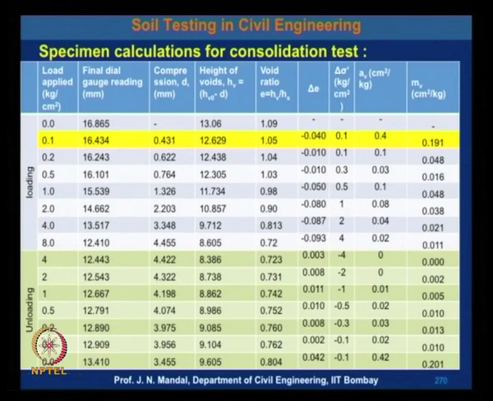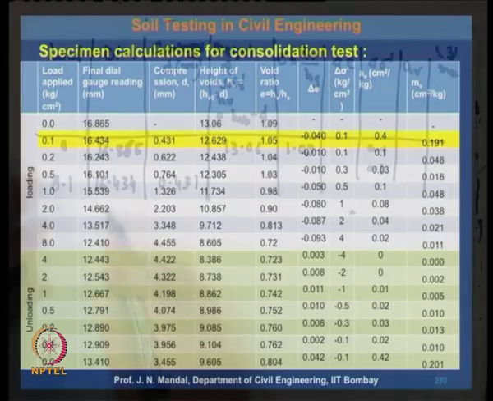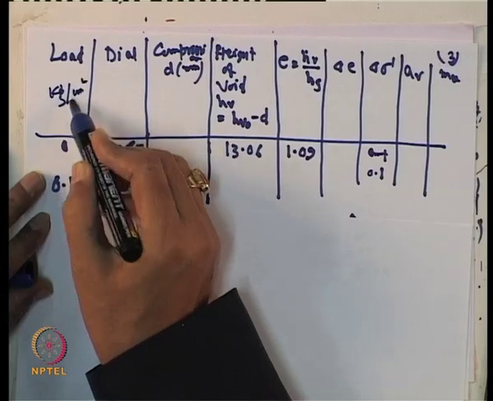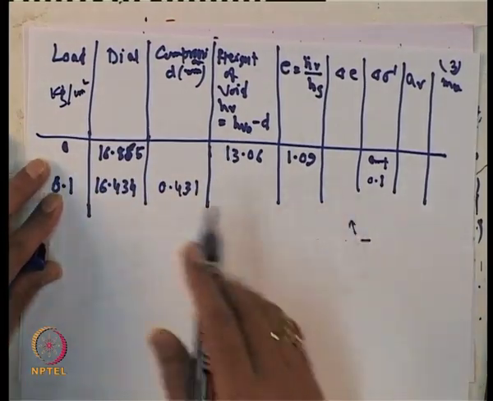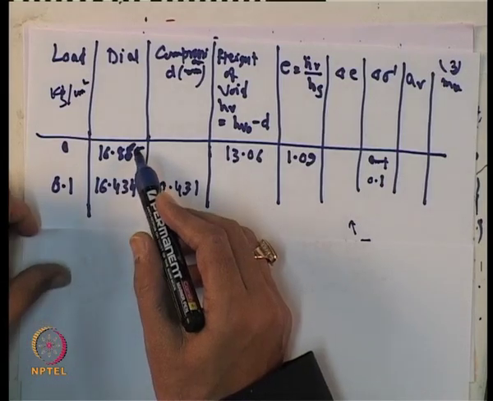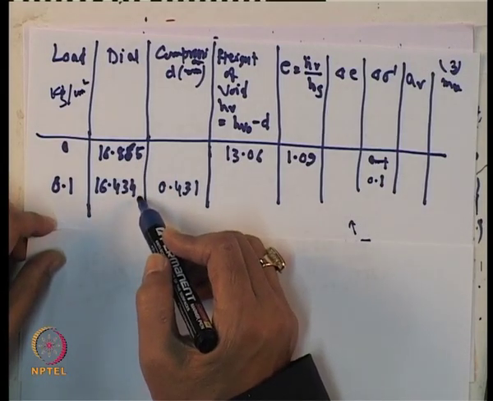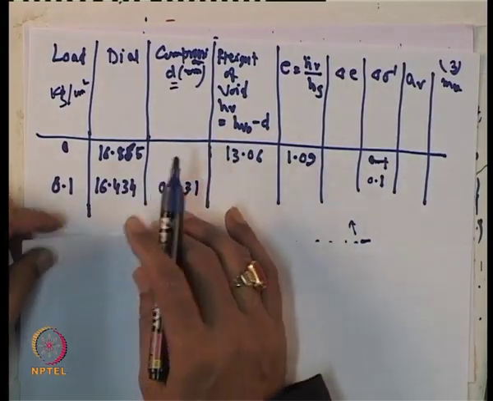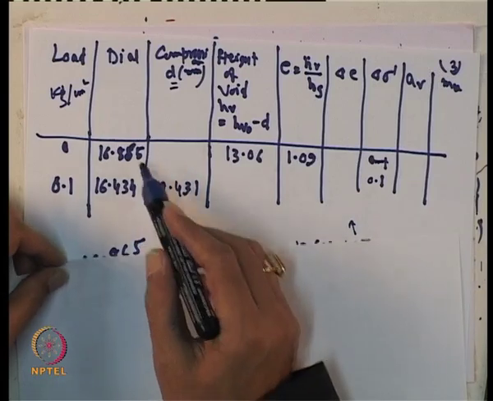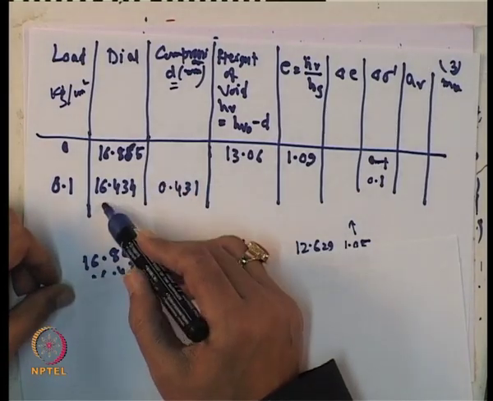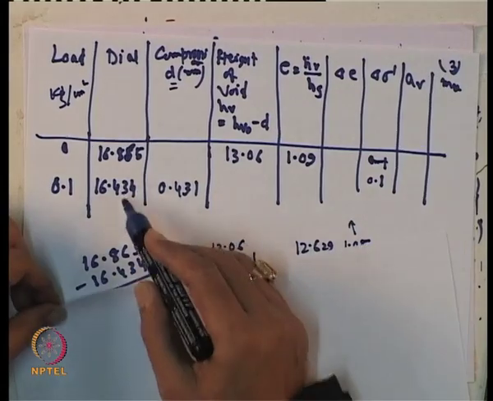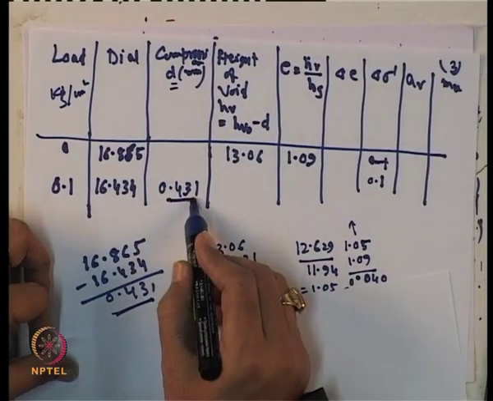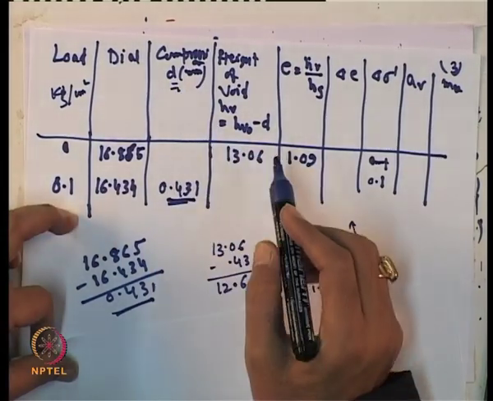So, here I am showing for 1 kg loading, the dial gauge reading is 16.434. So, compression, that is D in millimeter, will be 16.865 minus 16.434. If you deduct, you have 0.431. So, this is 0.431, that is D, compression.